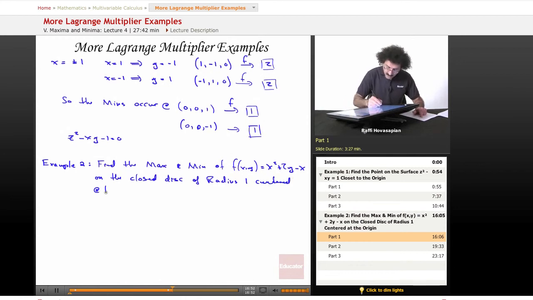Okay, so what we want to do, we have the unit disk.